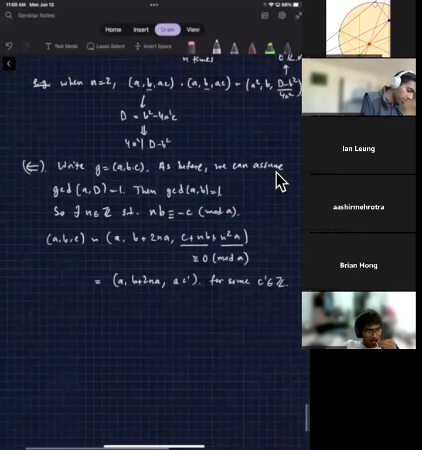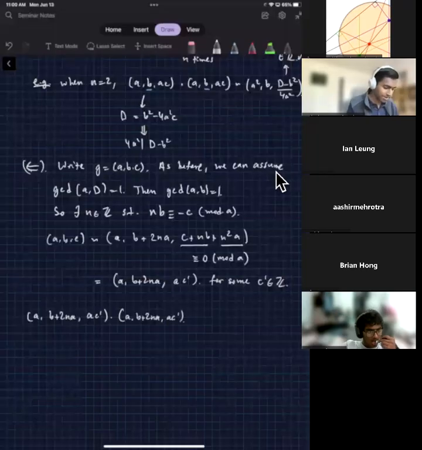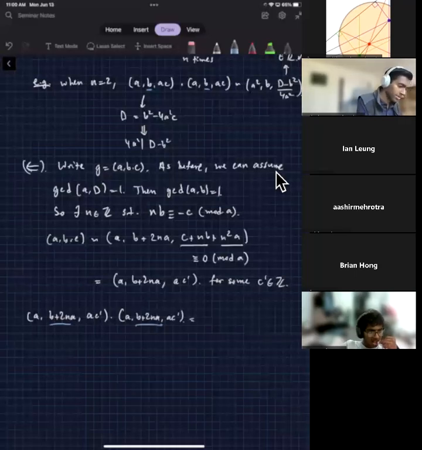Okay, and now we can compose. So (A, B plus 2nA, AC prime) composed with itself. Well, the question is, can we compose it with itself? The forms have to be concordant, and they are. And then the third coefficient has to work out.